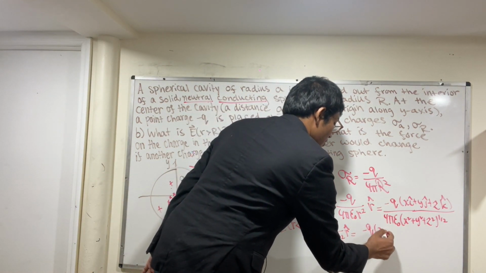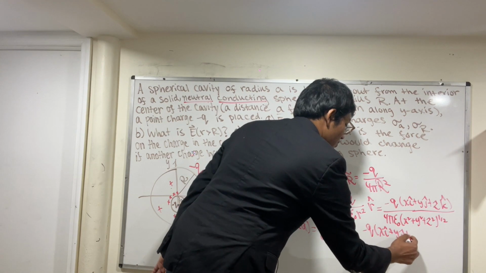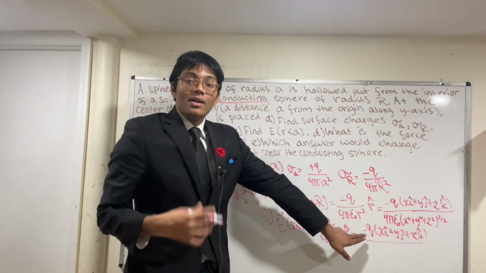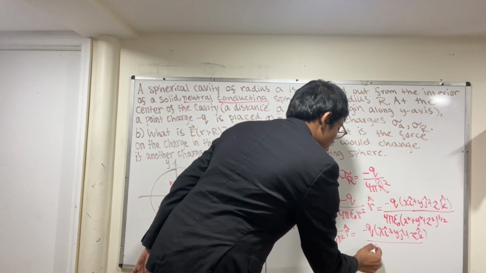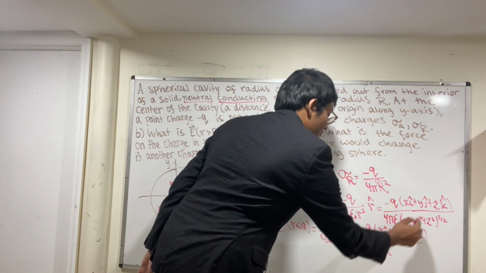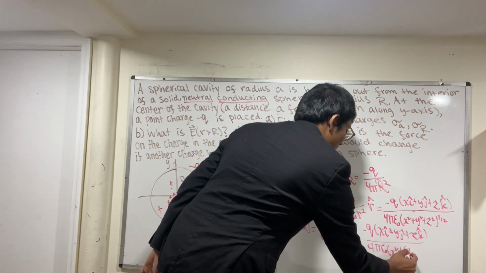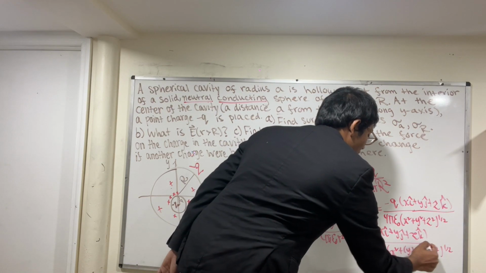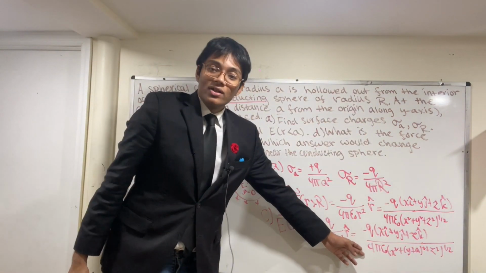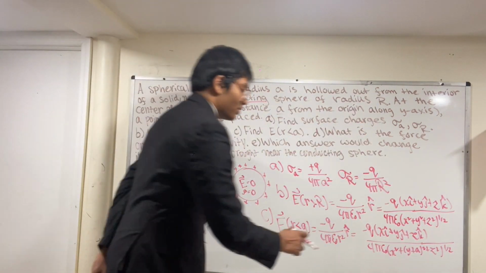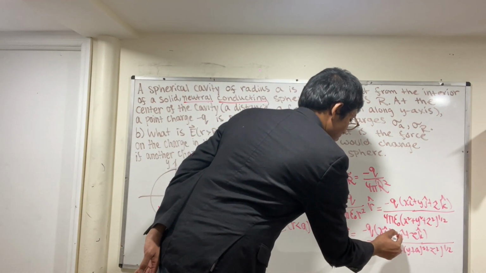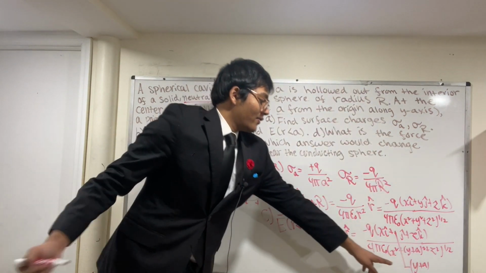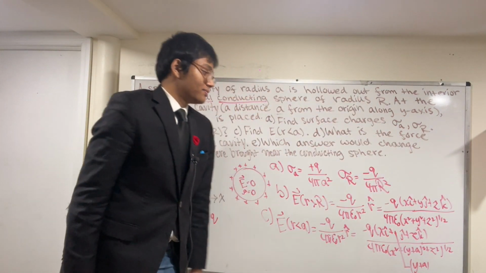It's still going to be pointing radially outwards, so I'm still going to have x i hat, y j hat, z k hat over here. But now my source charge is originating from somewhere that's displaced from the origin. Hence (x squared plus (y plus a) squared plus z squared) to the 1/2 power. That's the difference that this charge makes. And this should also be y plus a, as it turns out: (y plus a) j hat for the y component right here.